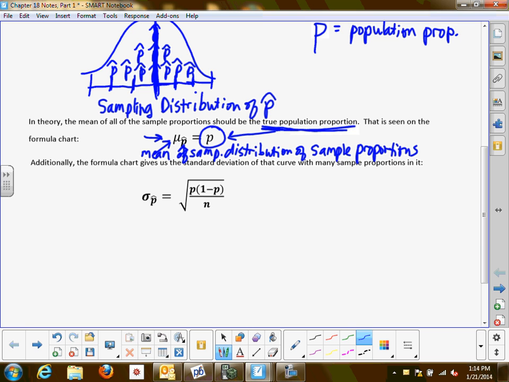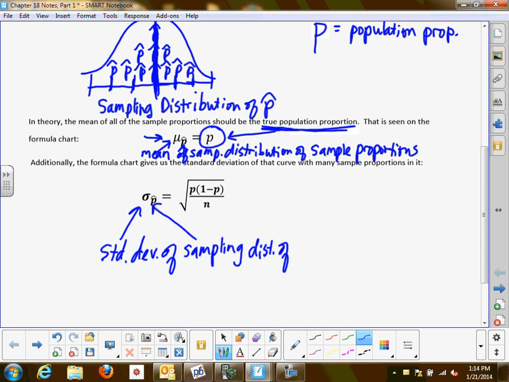Then this here gives me an idea. This says that the standard deviation of the sampling distribution of sample proportions is this formula, and I'm not going to write out what that is, but I am going to draw your attention to the fact that the letter used in this formula is the true population proportion.